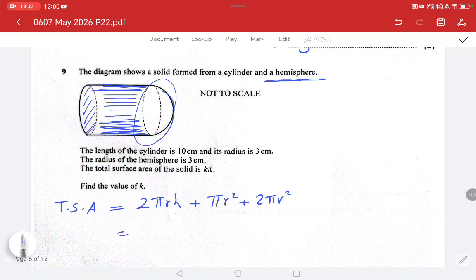This one equals what? 2 pi r, and they said here that the length of the cylinder is 10 and the radius is 3, so multiply by 3, and the height is 10, plus pi r squared, where r is again 3 squared, plus 2 pi r, and r is again 3.